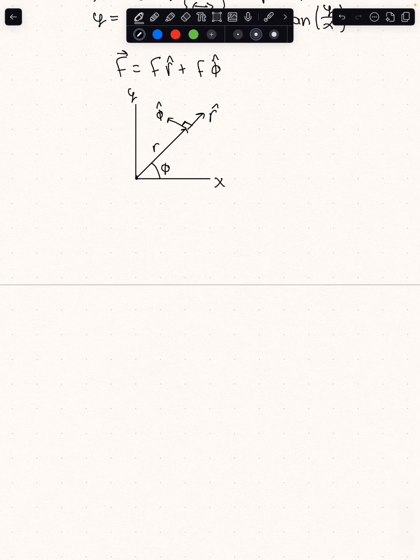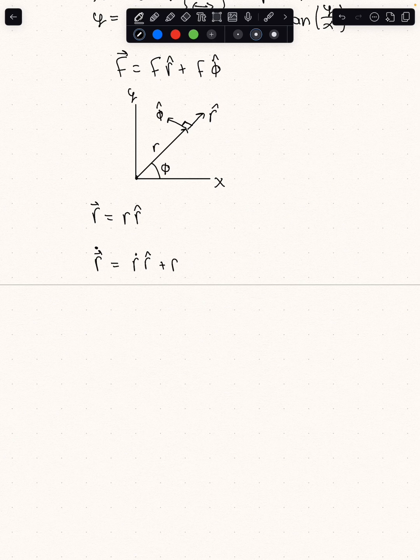We have vector r, which is r in the r hat direction. And so the derivative of this, vector r dot, is going to be r time derivative times r hat plus r times the time derivative of r hat.